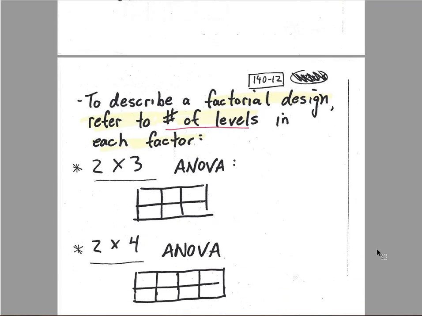What if they say I analyzed it as a 2x4 Anova? Once again, you know you've got 2 factors because there's 2 numbers. This is a number, this is a number, so you must have had 2 factors. The values of the numbers themselves tell you how many levels you had. One of the factors must have had 2 levels, the other factor must have had 4 levels.